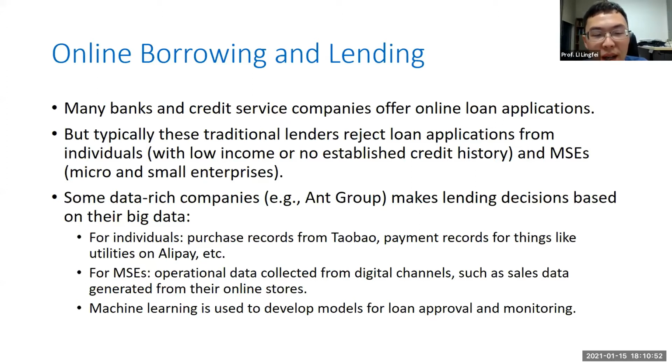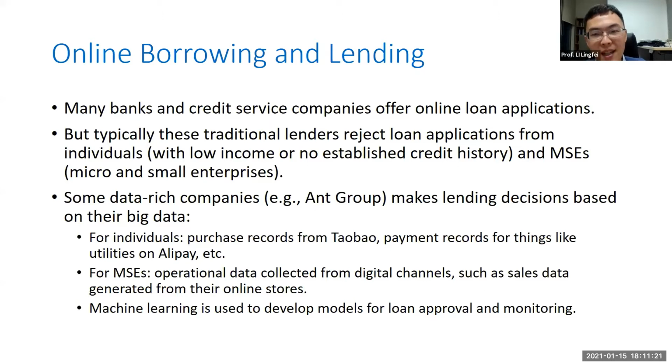And apparently these traditional lenders are not willing to serve these people because they don't really have much information about them. So in the lending business, there is this problem of asymmetric information. That is, the lender knows less about the borrower than the borrowers themselves. Okay, so if you want to borrow money, of course, you know yourself, okay?